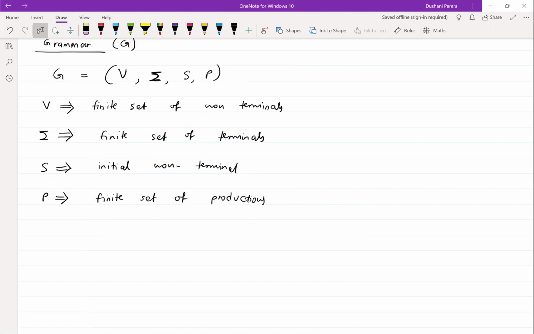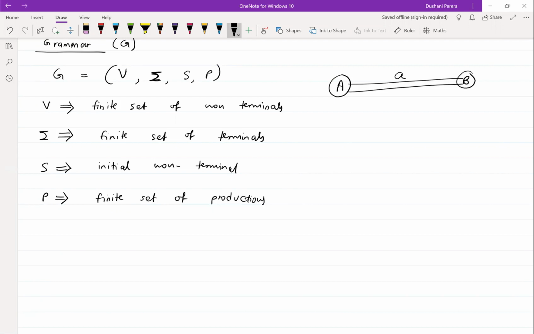Non-terminals means, I'll take an example and explain this. You have one place over here. Capital A is a place, or a state rather. Then you have capital B, that is another place, another state. You can be in two states. To connect these two places, to go from A to B, you have a terminal. The terminal is what we go through from A to B. Let's say the terminal carries simple a.